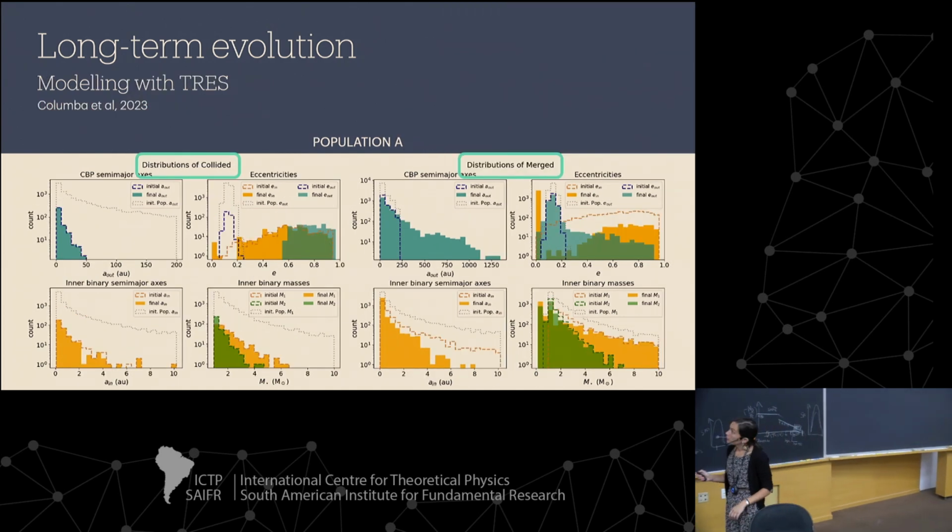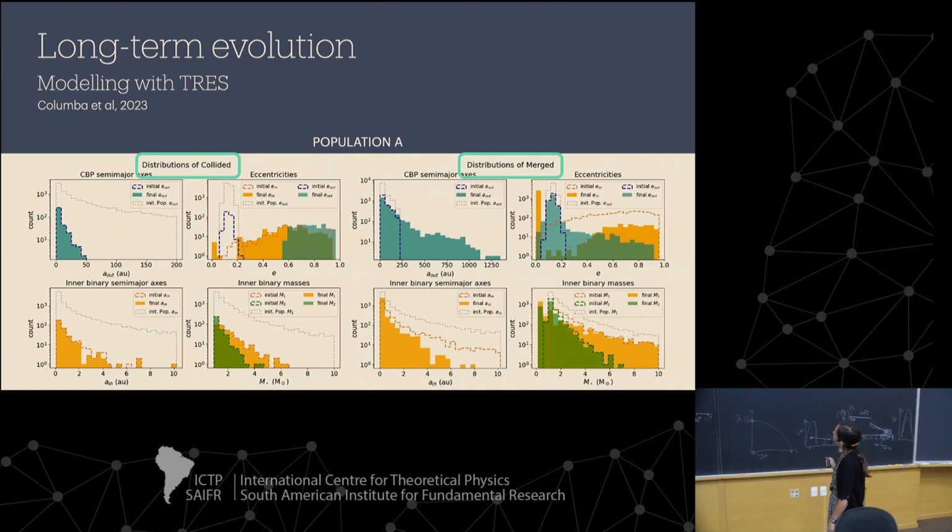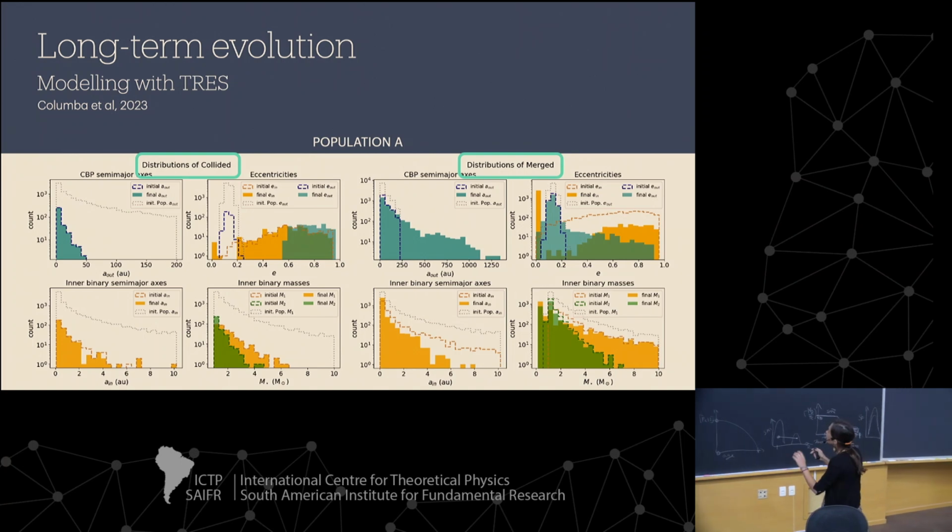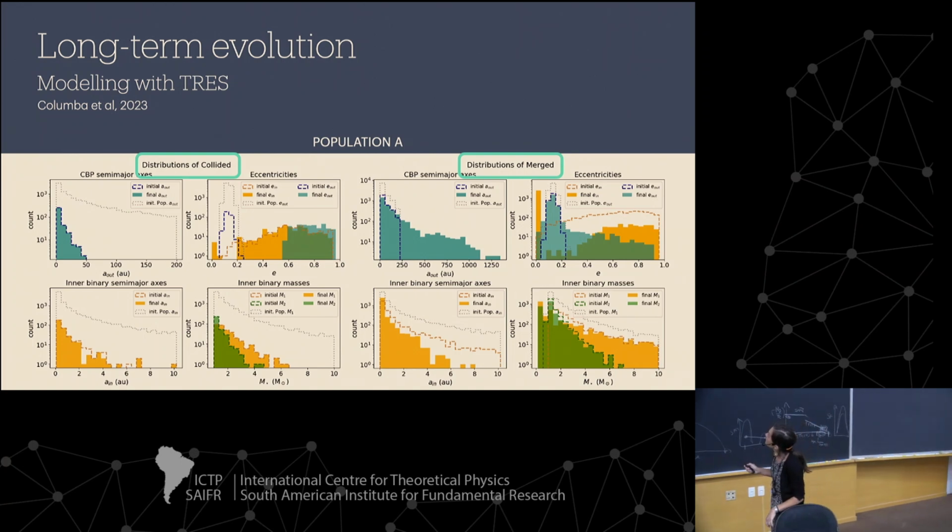Okay. So here it was the case of the collided or the merged. Exactly the same plots, more or less, but obviously the statistics is a bit lower. Okay, collided.